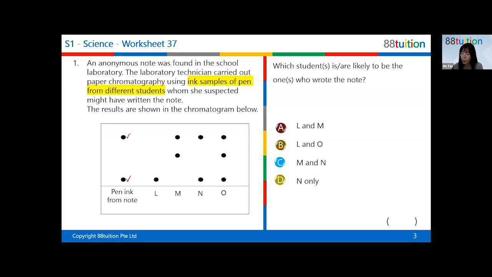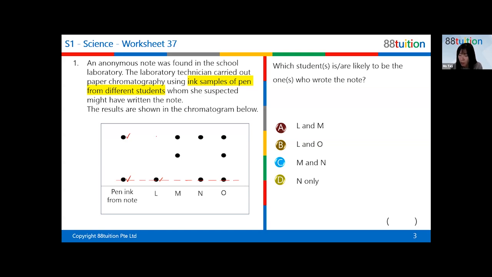So as she looked at pen L, pen M, pen N, and pen O, L has got only 1 spot, even though it coincides, right? What's the meaning of coincide? It is actually at the same level or same distance travelled as the ink from the note.